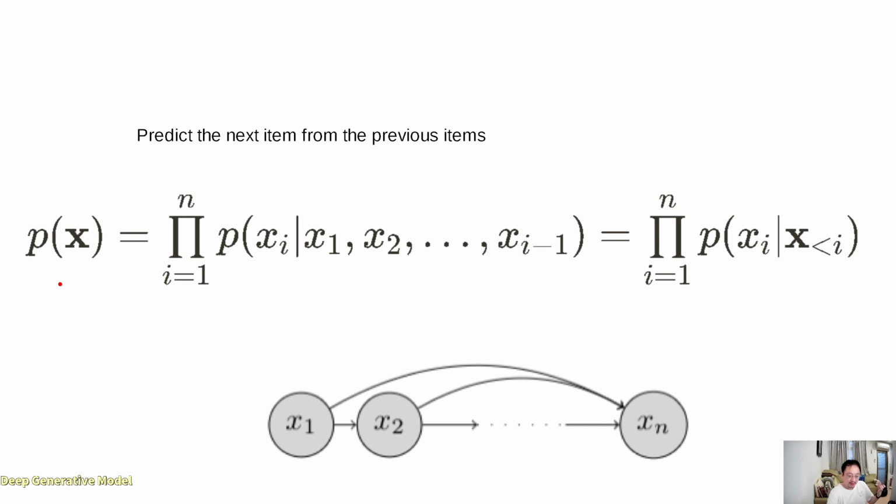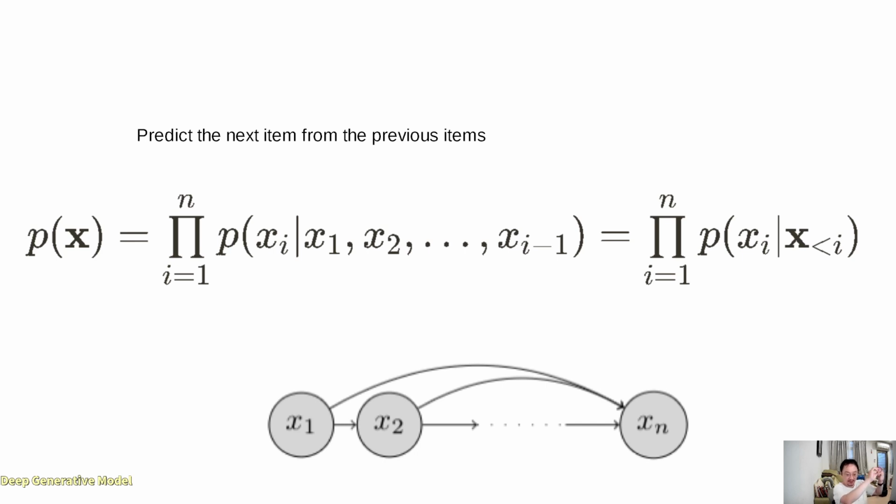So they are not just IID, independent identically distributed, like if you throw a coin or throw a dice, where the outcome of each turn is independent of the previous one. However, in the realm of generating a text or an image, for an image each element is a pixel.